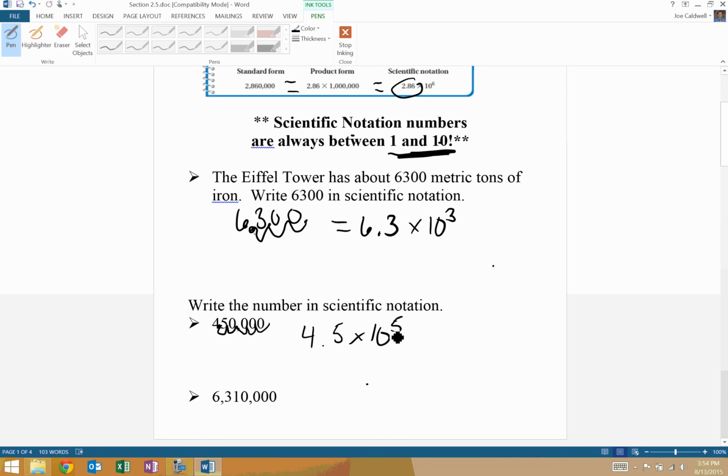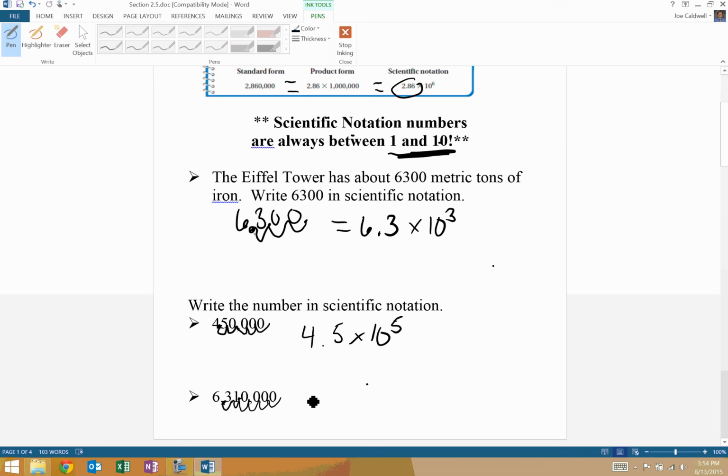Swoop over until your number is between 1 and 10. In the next one, 631 is not between 1 and 10, 63.1 is not between 1 and 10, but 6.31 is.